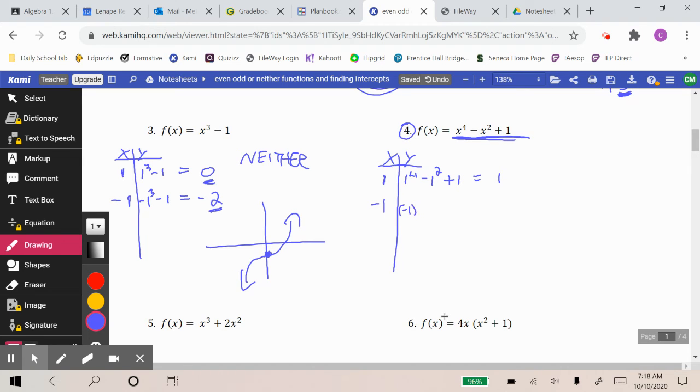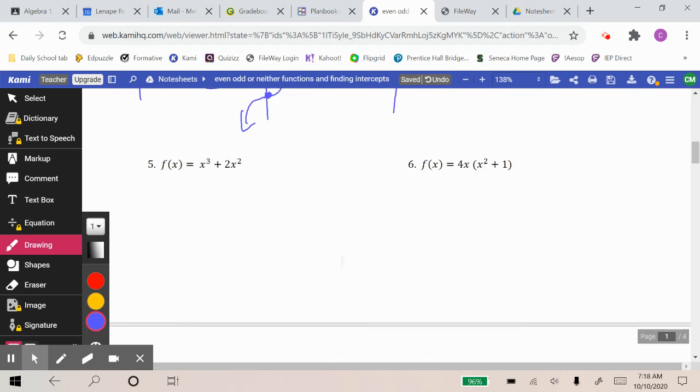And then -1 to the 4th minus -1 squared, you can see it's going to give us the same thing. This is still going to be 1 minus 1 plus 1, which is 1. Since these are the same, this is an even function. All right. And if you're still not sure, plug in 2 and -2. You're going to get the same y values.